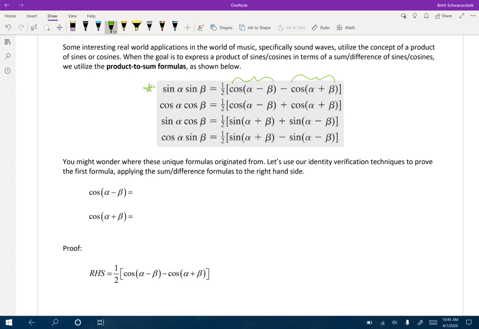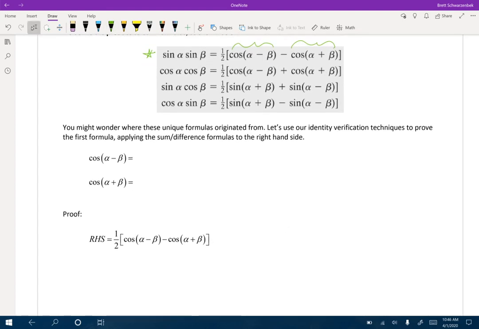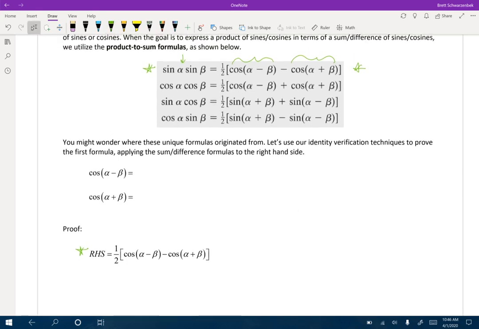So what I'm going to do is I'm going to create a proof here where we're going to start on the right hand side of this formula and we're going to prove that it's equal to sine alpha sine beta. So before we do anything with that though, we want to return to our previous sections where we talked about what the cosine of a difference and the cosine of a sum will be.